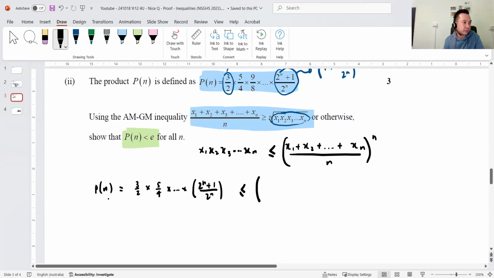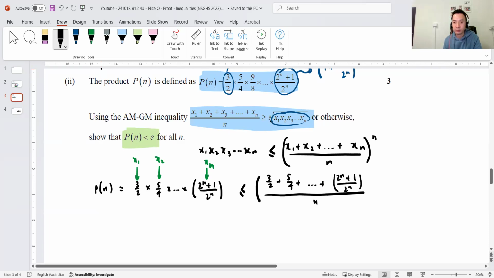So this is like x1, this is like x2, and this is xn. Put it into the formula, and I get 3 on 2 plus 5 on 4 plus all the way to 2n plus 1 on 2n, all over n, to the power n. Is that okay so far? Is that all right?